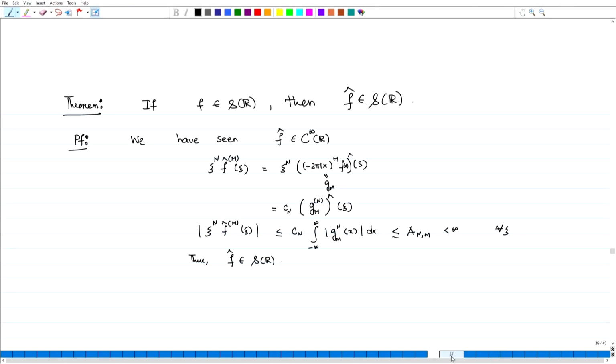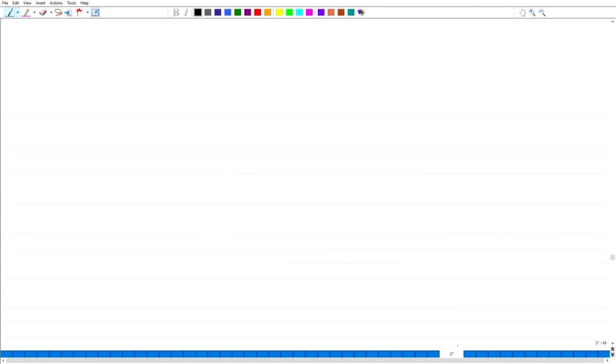Okay. In order to do Fourier analysis, we will be restricting ourselves to the Schwartz space.